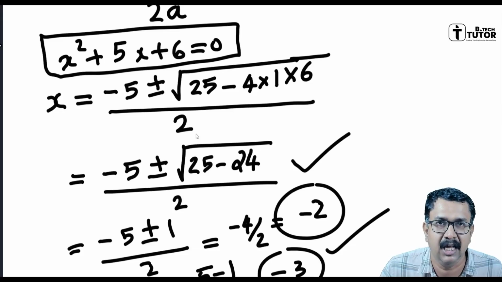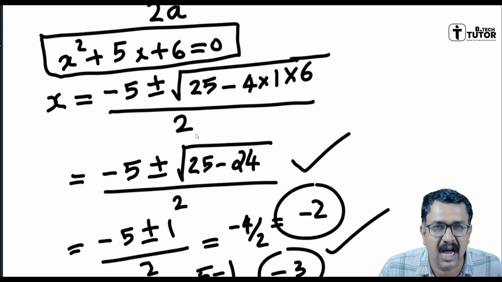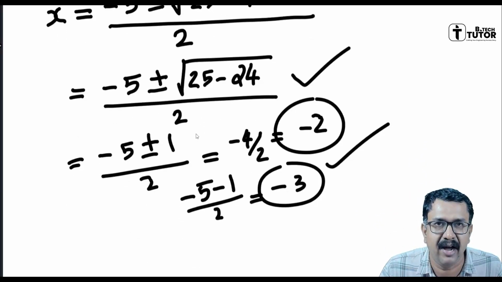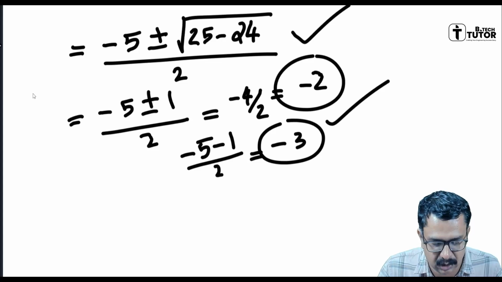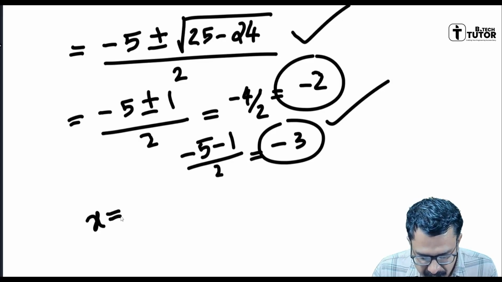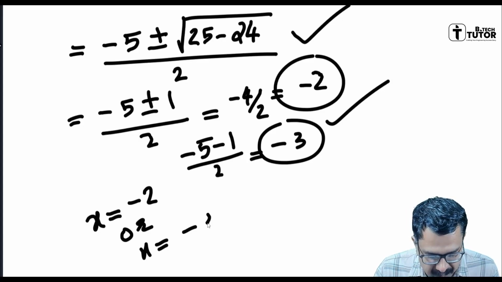Final answer is minus 5 plus or minus 1 by 2, that is minus 4 by 2, that is minus 2, and minus 5 minus 1 by 2. Therefore, x equal to minus 2 or x equal to minus 3.